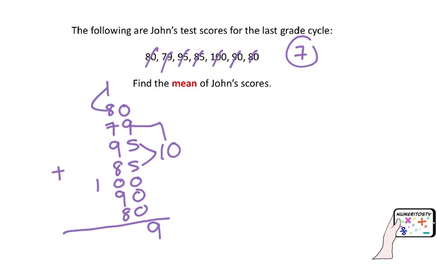8 and 1 is 9, and then this 9 with this 9 is 18, and then I'm going to do 8 and 8, that will be 16, and I still have this 7 and this 9, that is another 16.